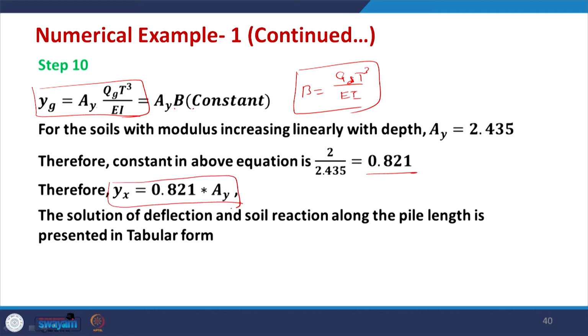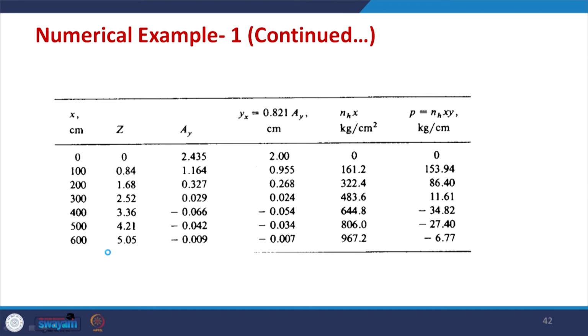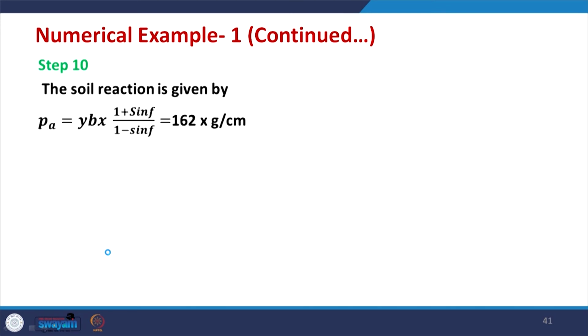So your equation is ready, and in this equation when A y varies with the depth, y x will also vary with the depth. This computation has been shown in the table, but before that I would like to say one thing here: the soil reaction can also be found out. Here in this equation, P A is equal to gamma into B into x into 1 plus sin phi divided by 1 minus sin phi.